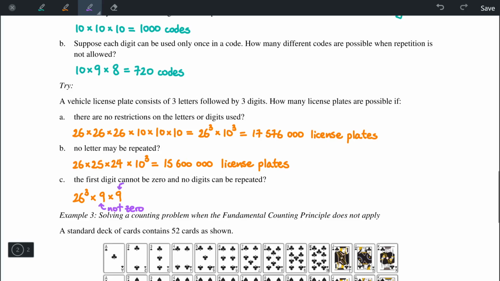Okay, so this one's a little bit harder to explain. Just going to write it here. 1 less, but 0 is back. And then finally, for the third digit, we only have 8 choices left.